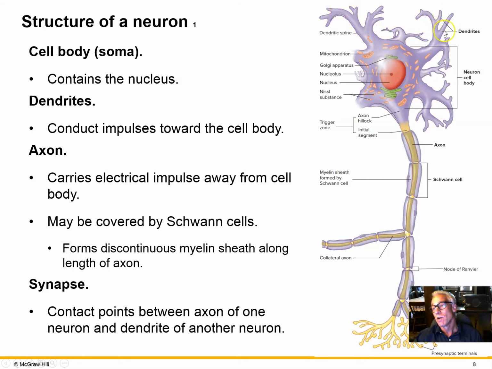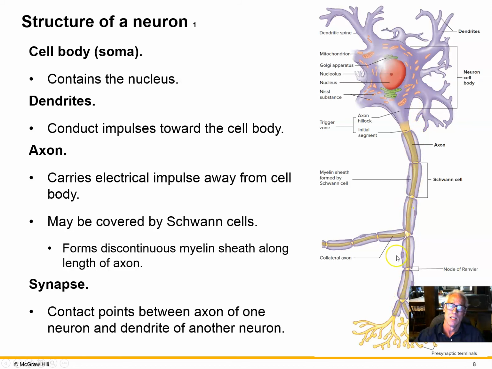But it has a bunch of long thread-like processes sticking out that make it unique. And those long processes attached to the cell body are called dendrites. They're like the antennas. They're information gathering structures of the neuron. And then there's a long process attached to the cell body carrying information out.